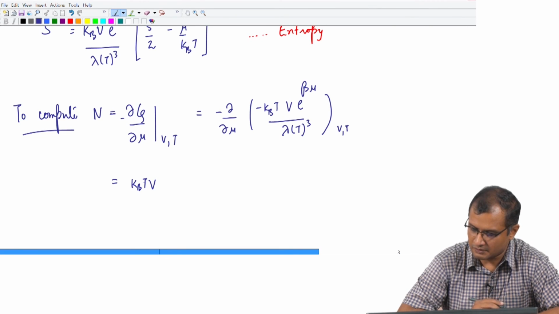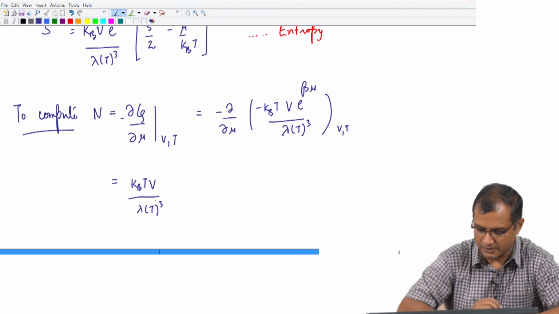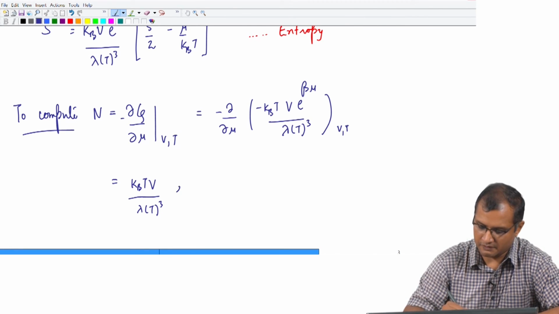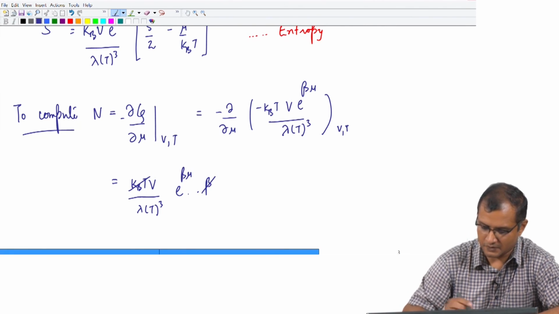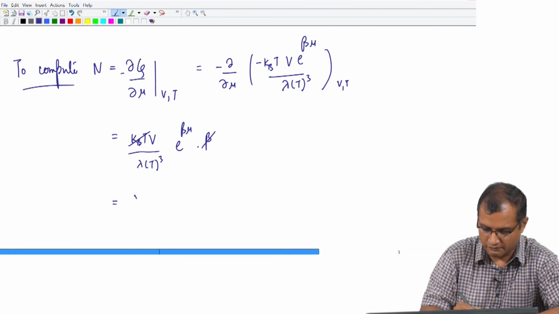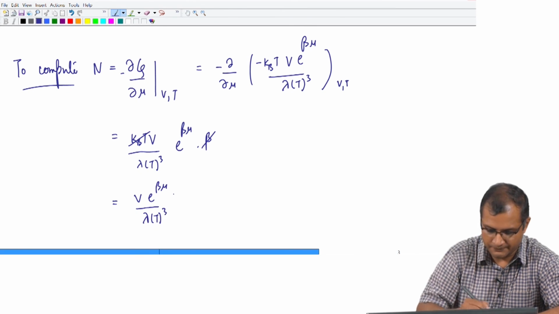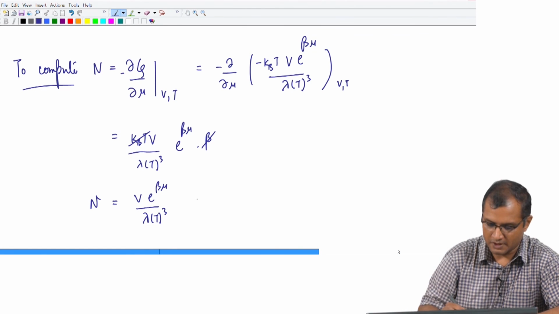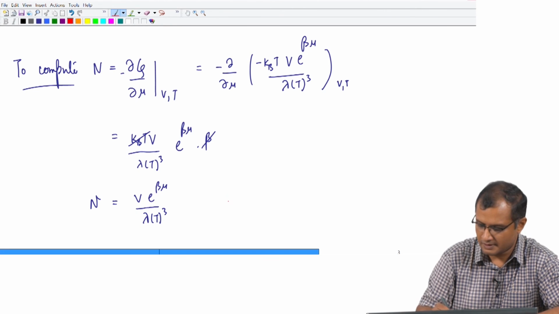In fact, you will also get lambda T to the power 3 outside, and this would just give you e to the power beta mu into beta, which will cancel off with this kT. So, what you have for the number of particles is just V e raised to beta mu over lambda T to the power 3. Okay. So, that is the expression for the number of particles.